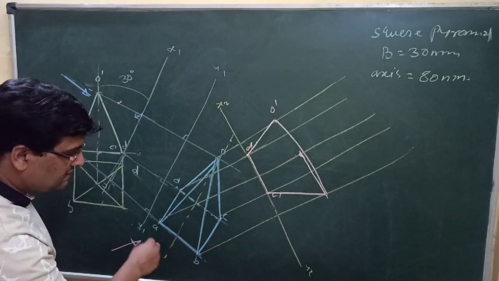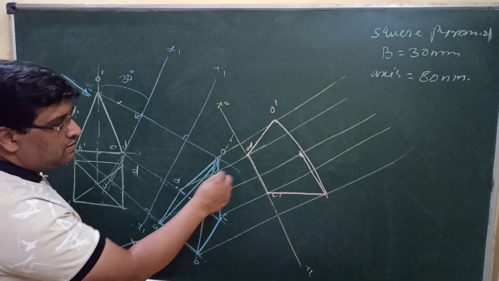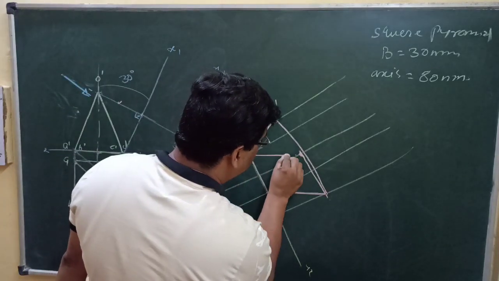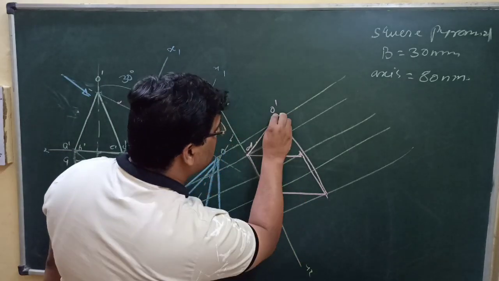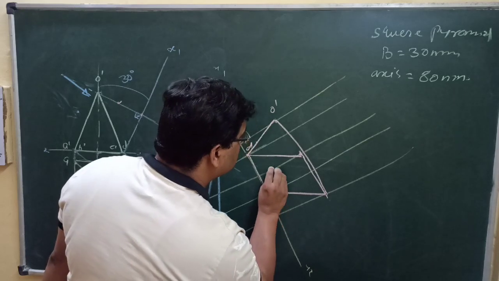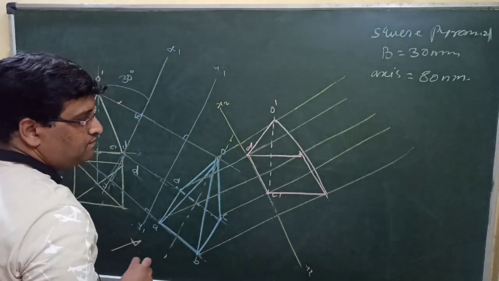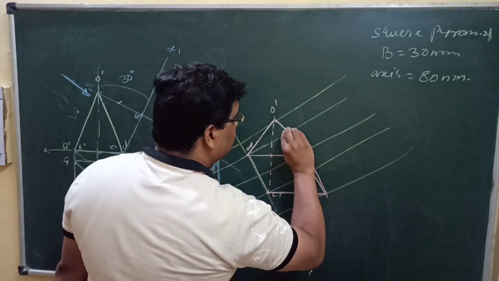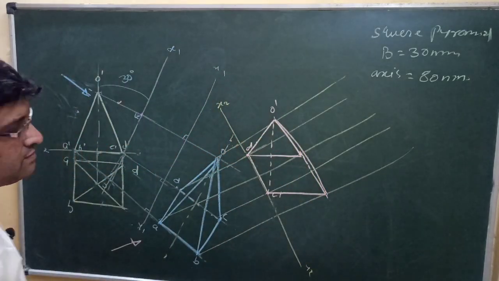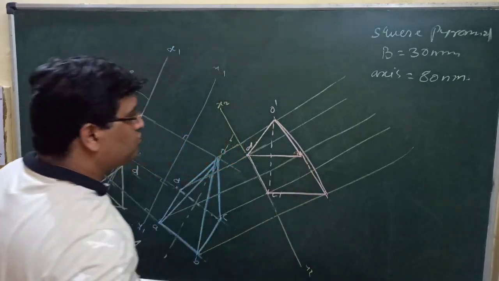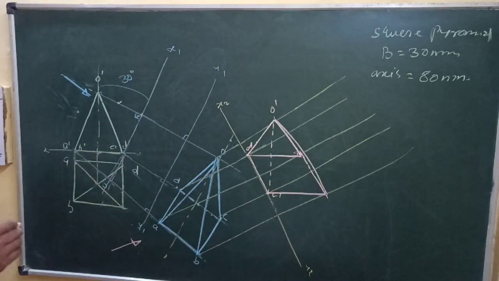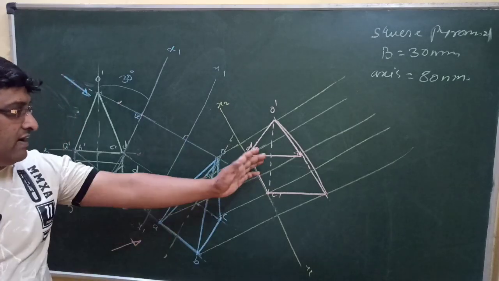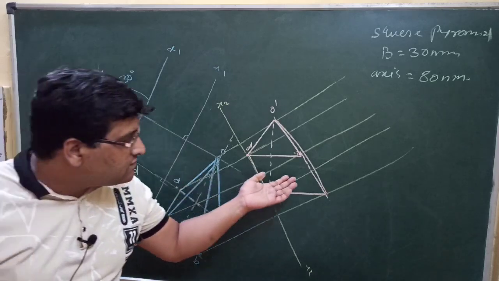Because the base is nearer to the arrow, the base is completely visible like this, and the line from this point C to O must be a hidden line because it is crossing a continuous base, and from this point, that is from A, it should be a continuous one because it is not crossing the base. So in this manner we have completed the final projections. This is the final top view, this is the final front view.